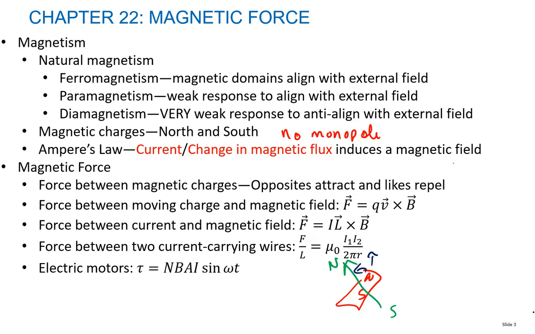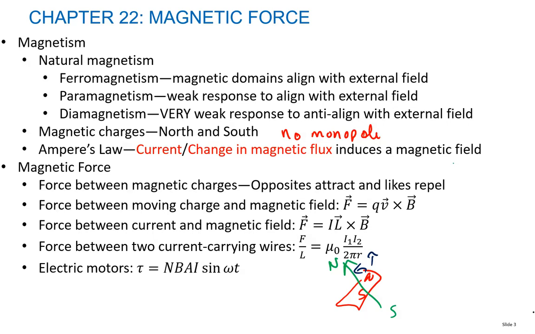Magnetic field lines, remember, always go out of north and into south. What's the point of magnetic field lines, ultimately? Show direction. Well, to help us calculate the forces on things. That's the point of them, just like the point of electric field lines is to help us calculate the force on things.